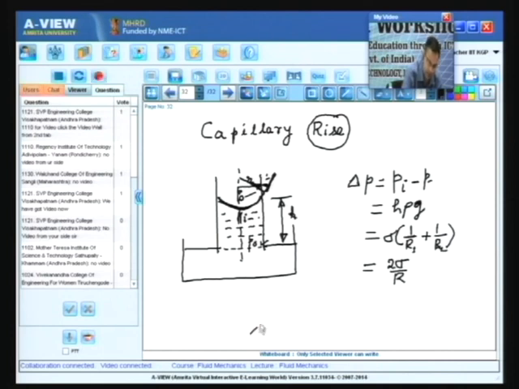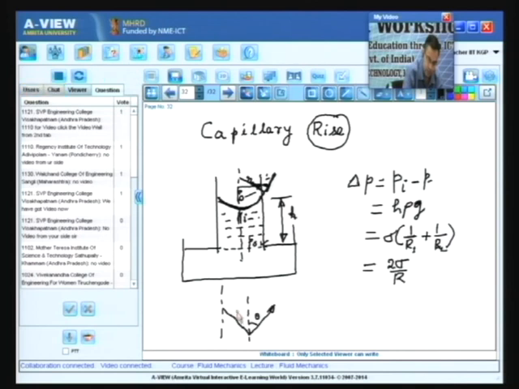So, we have angle theta, we draw a normal, and this normal cuts the center line at some location.